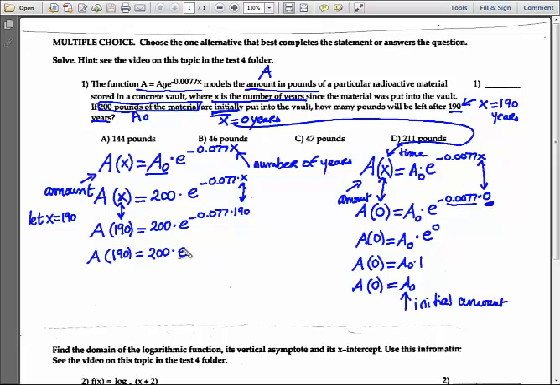I was writing that, but I really need a calculator, so let me scratch that out. Somebody was calling me on the phone, so sorry about that. I need to use a calculator to find e to that power, so let's go ahead and use it.